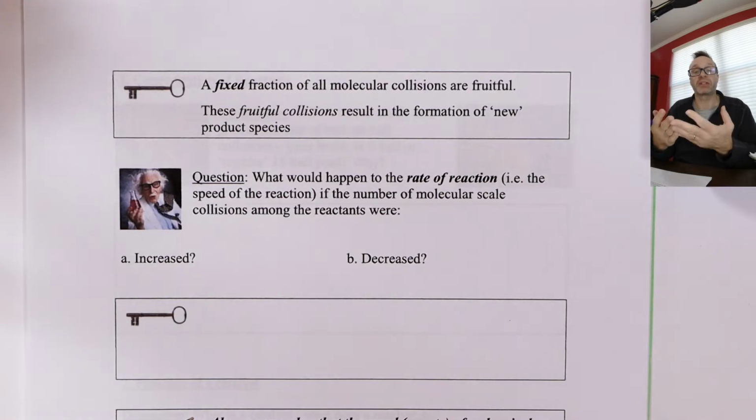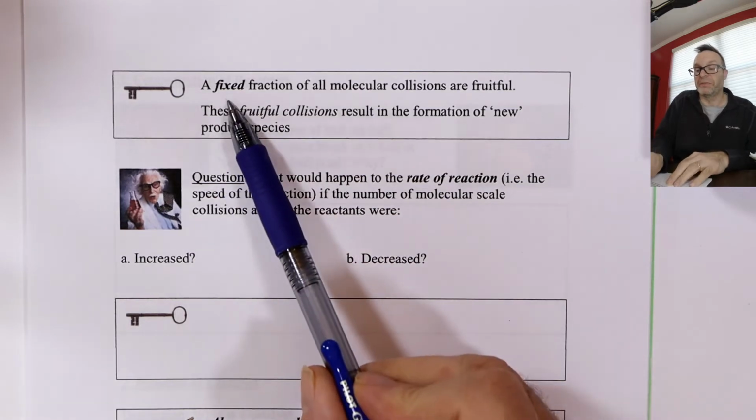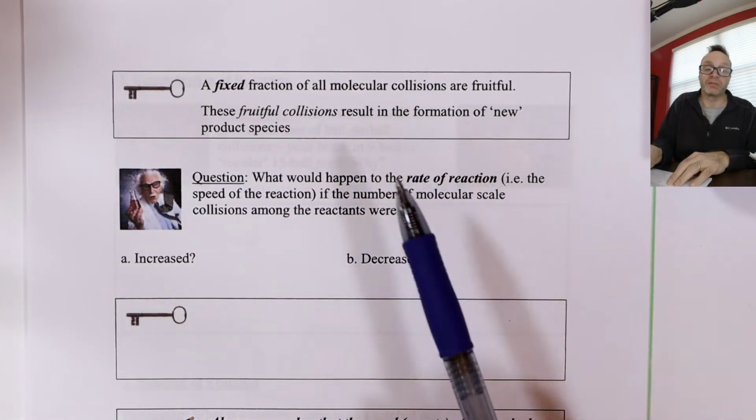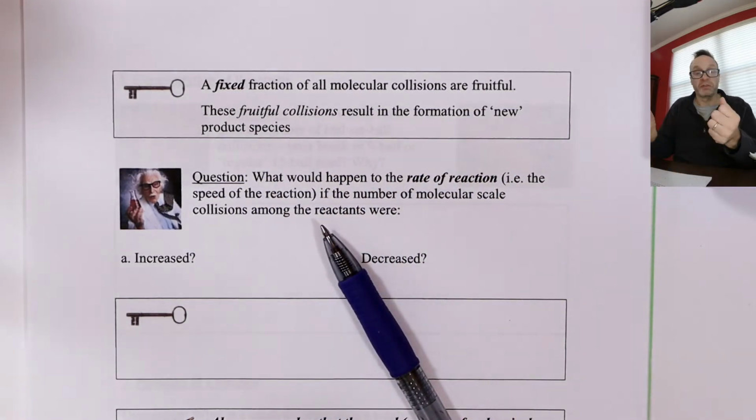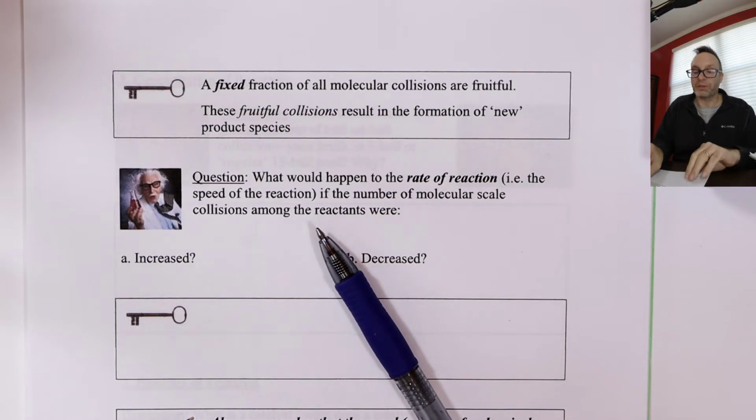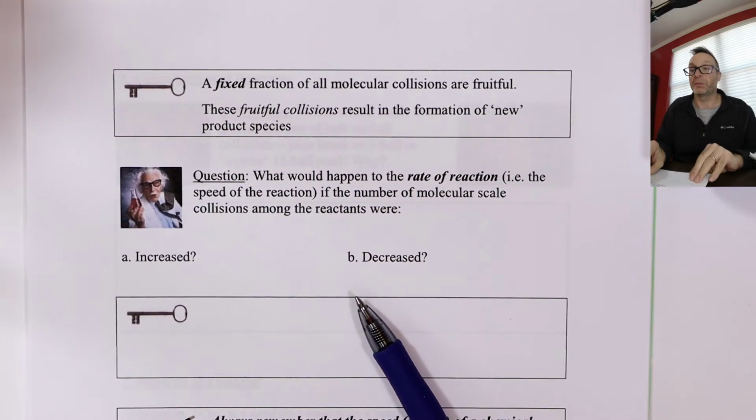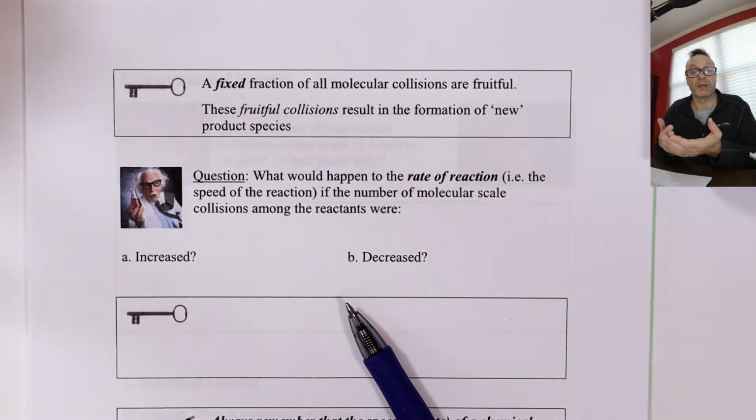So some fixed fraction of molecular collisions in just the right spot will be fruitful. These fruitful collisions then result in the formation of a product. So when we speed up how fast a reaction goes, we're just making the number of fruitful collisions per second higher.